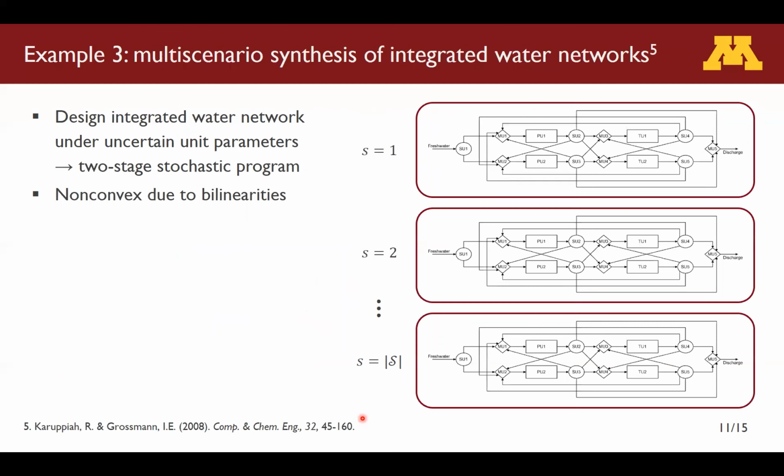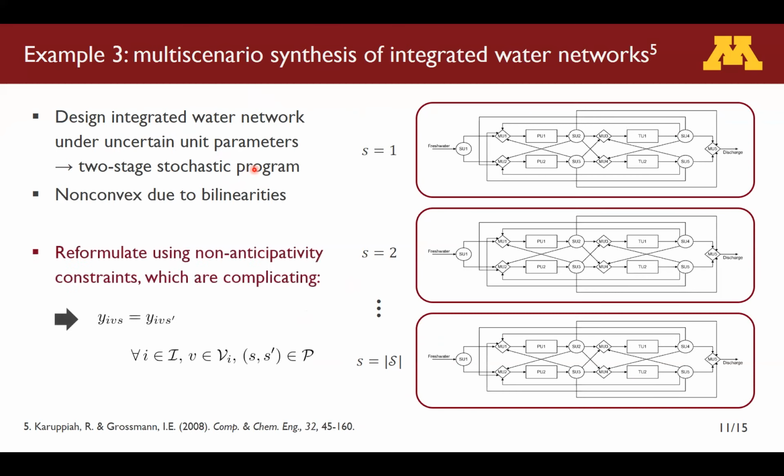Example 3, we'll consider the design of integrated water networks under uncertainty. So this is formulated as a two-stage stochastic program. We have non-convexities here that arise because of nonlinear terms. And the decisions here are which units to install in this network. Because it's a two-stage stochastic program, we can just apply standard reformulation using non-anticipativity constraints, which then become our complicating constraints.